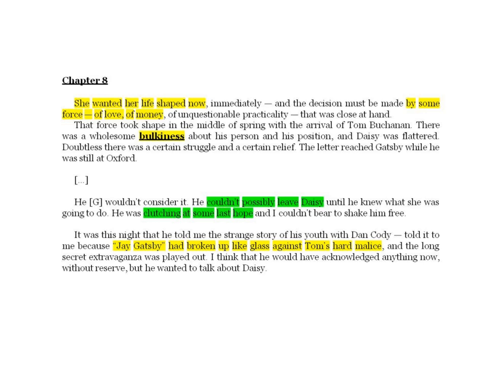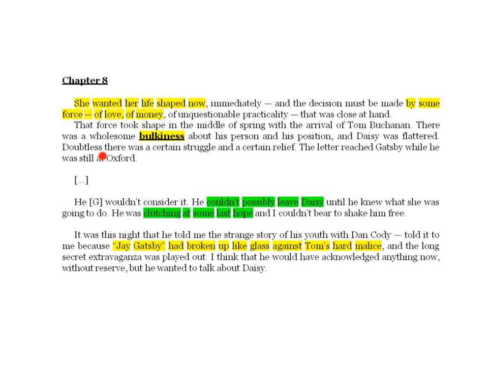So there's the fabrication, there's the identity, there's the branding that Jay Gatz has made for himself, the pseudonym, the other identity of Jay Gatsby, is now in pieces, had broken up like fragile glass against Tom's hard malice. So the party is over. The construct, the other self he's made to appeal to the consumer, Daisy Fay, in pieces.